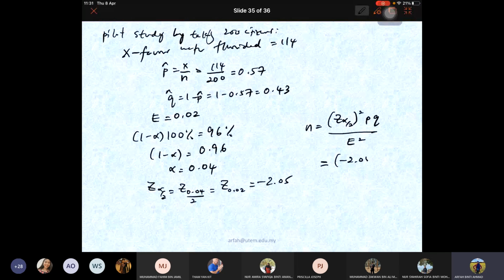So substitute in the formula, multiply with P is 0.57 and your Q is 0.43 divided by E squared is 0.02 kuasa 2.